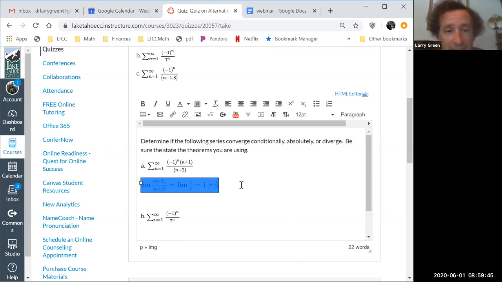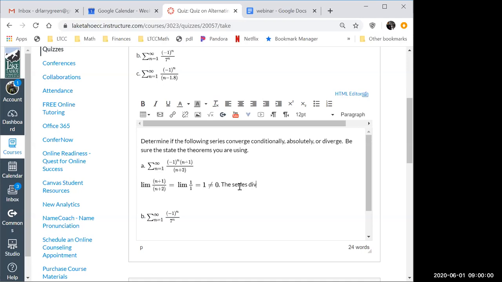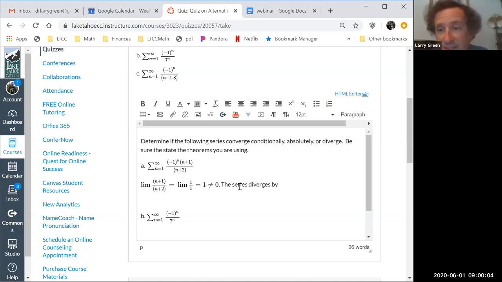All right, so if we take a limit and we get a number that's not 0, what does that tell us? Yeah, the series diverges by what test? Yeah, by the divergence test.